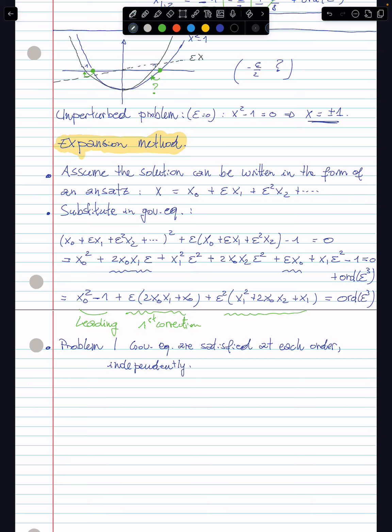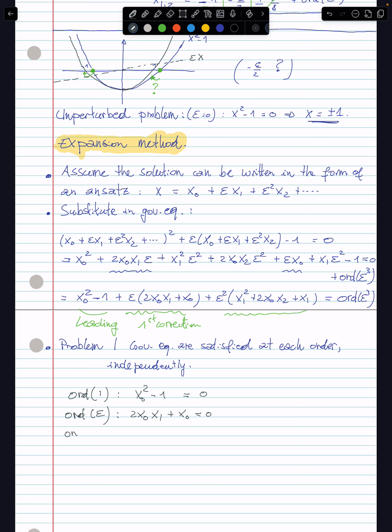And so the way we write this is to say, okay, at leading order, which means at order 1, or epsilon to the power 0, the problem is x0 squared minus 1 is equal to 0. At the following order, epsilon, we have 2 x0 x1 plus x0 needs to be equal to 0.